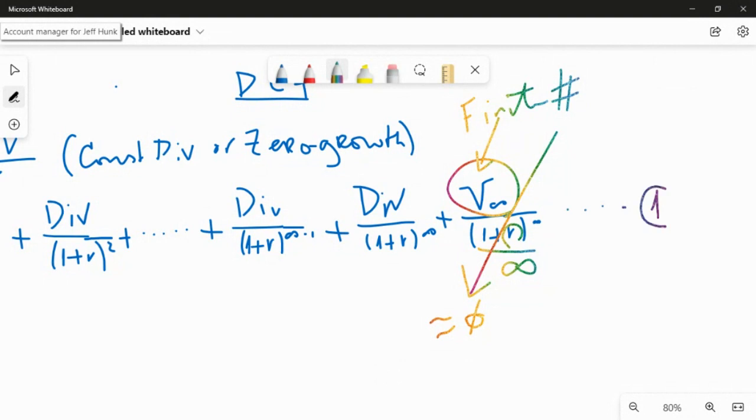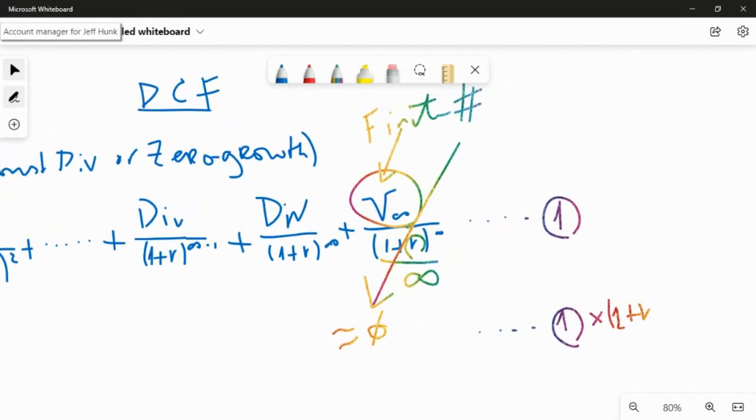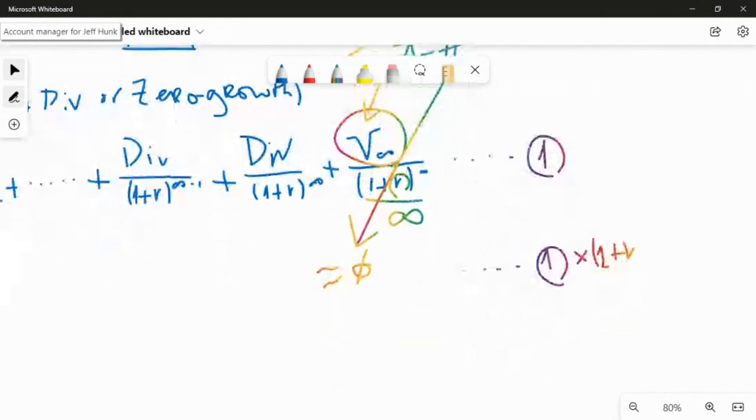Okay, and then I will multiply equation 1 by 1 plus r, and I'll call that equation 2.